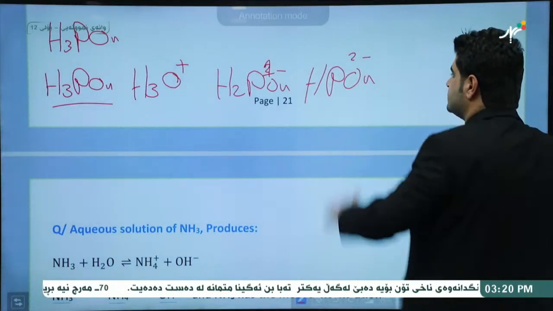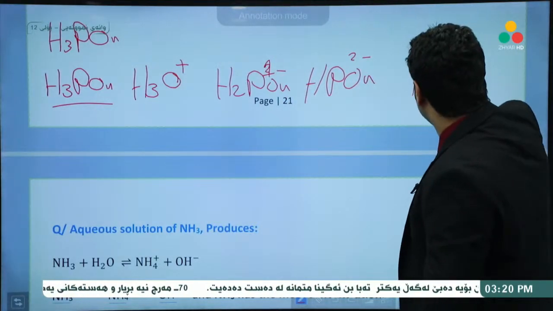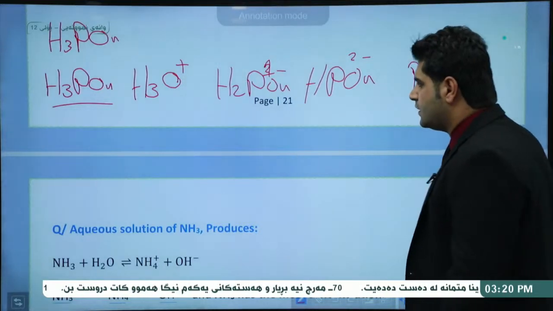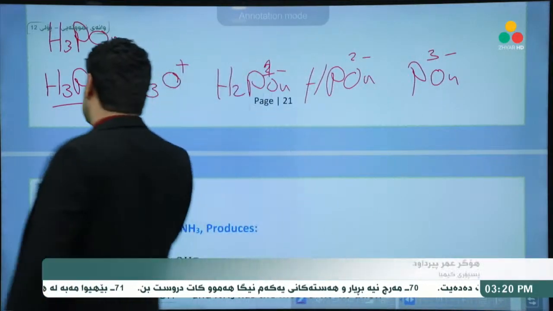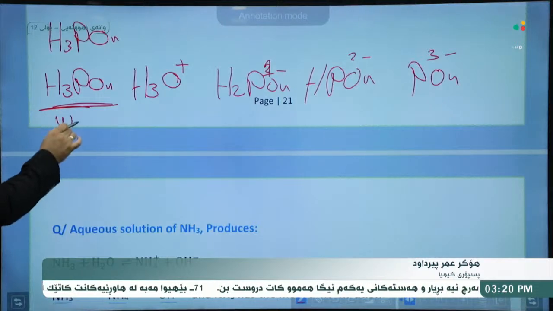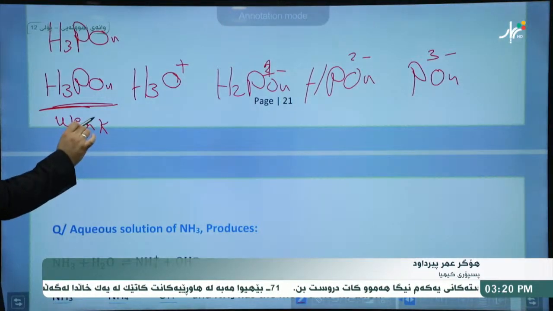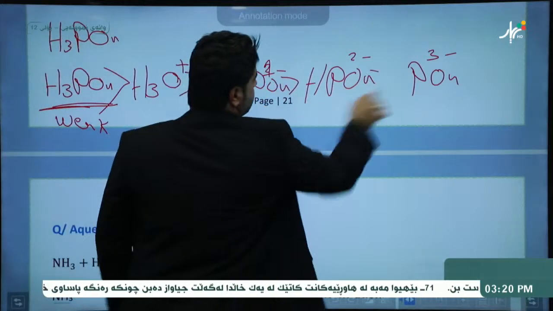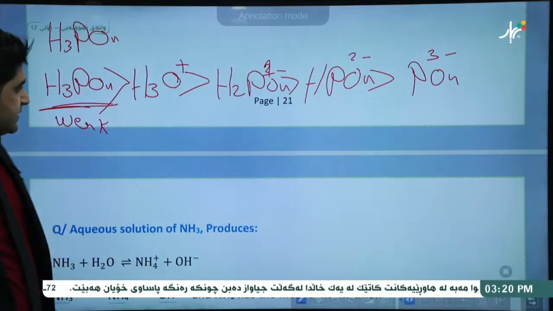Second proton will be negative 2. Third proton to producing PO4 negative 3. Okay. Is it weak or strong? It's weak. So it will have the maximum concentration. Just like that. It's very simple.